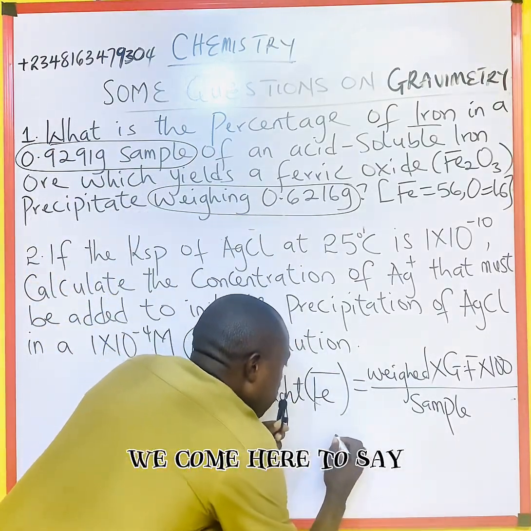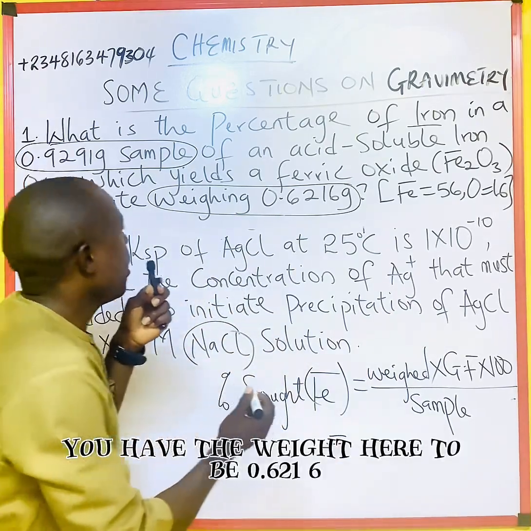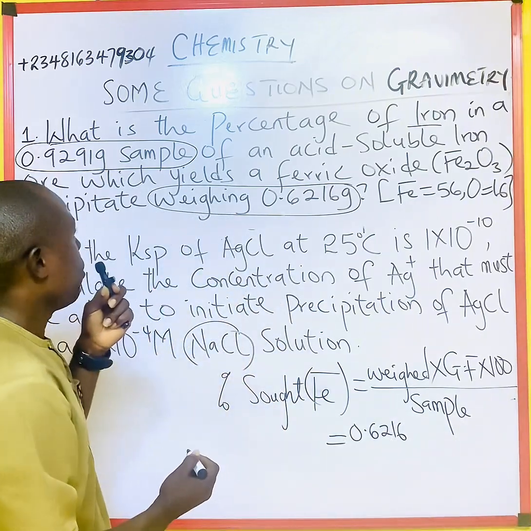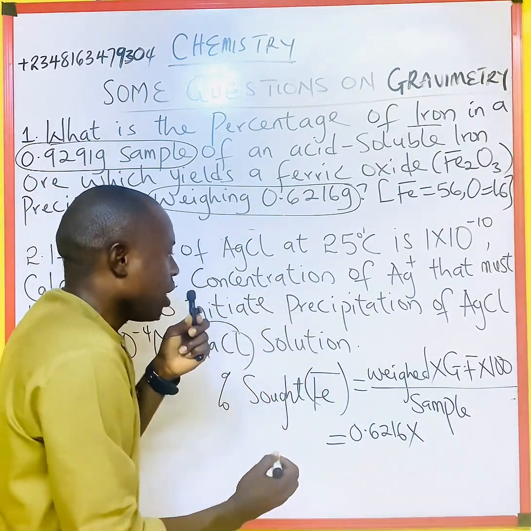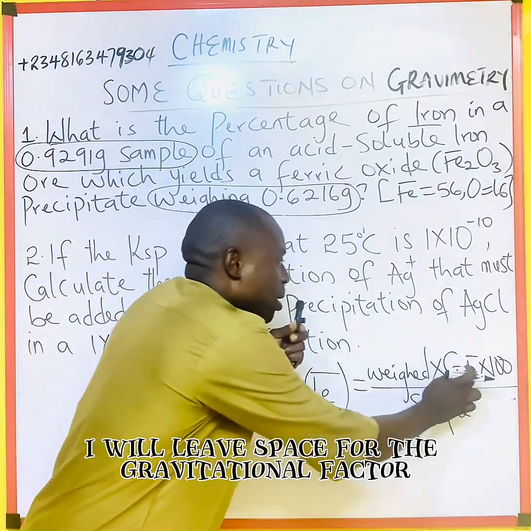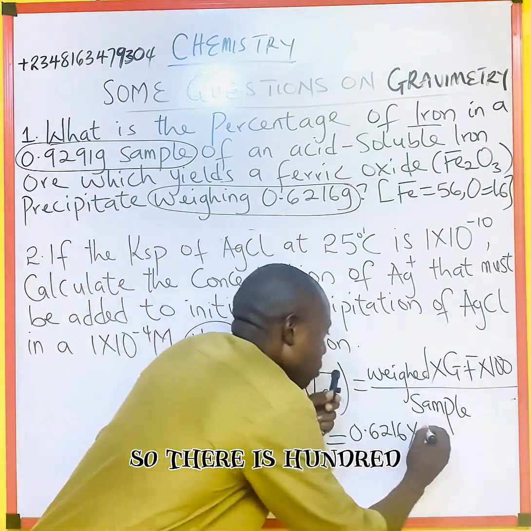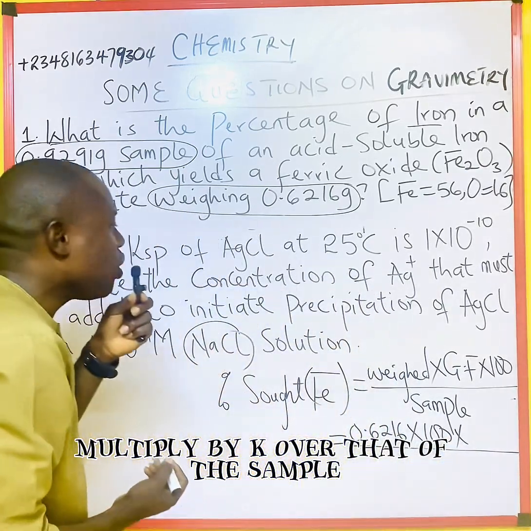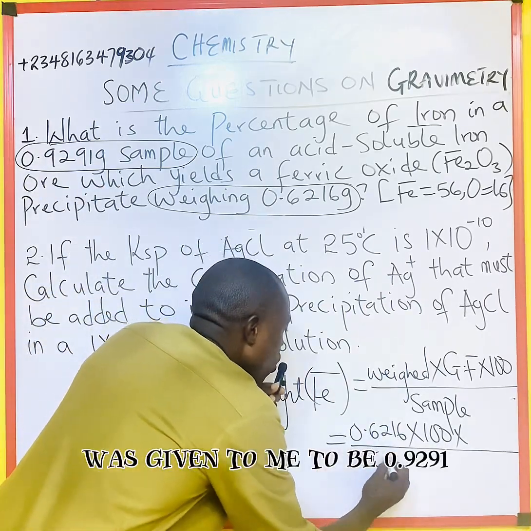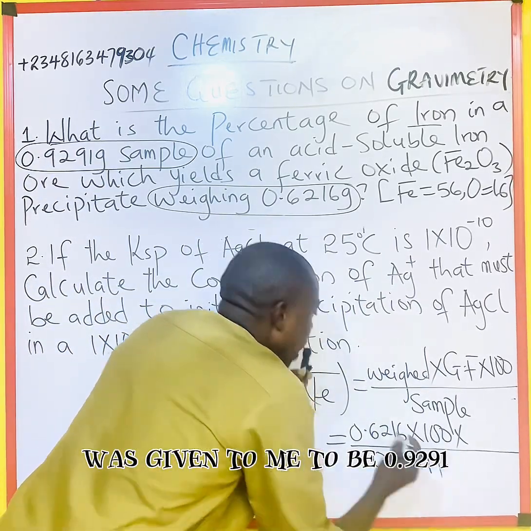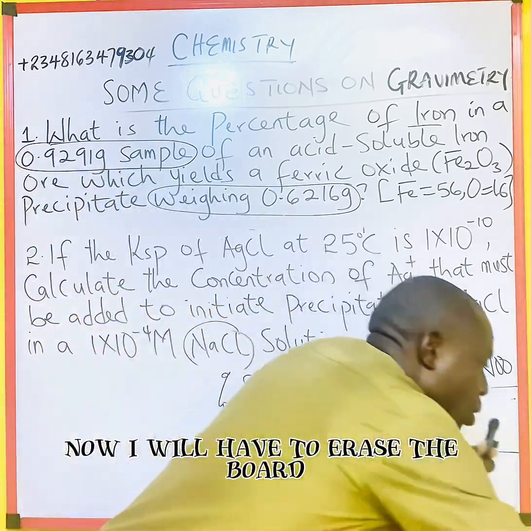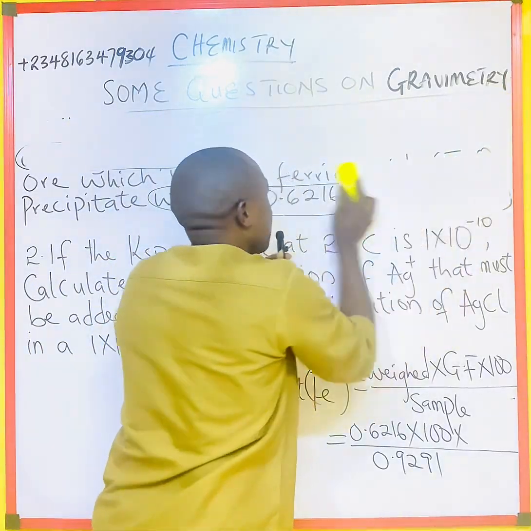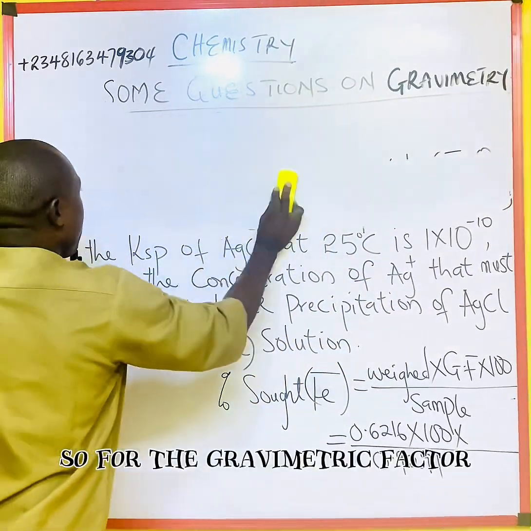We have the weight here to be 0.6216 multiplied by, I will leave space for the gravimetric factor because I will have to determine it, multiplied by 100, over that of the sample, which was given to me to be 0.9291. Now I will have to erase the board so I can solve for the gravimetric factor.